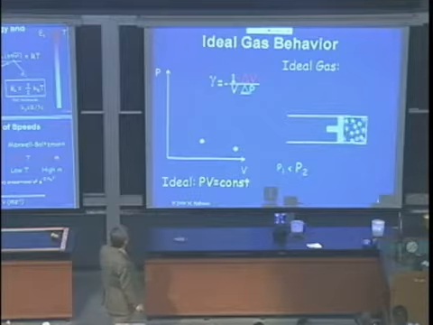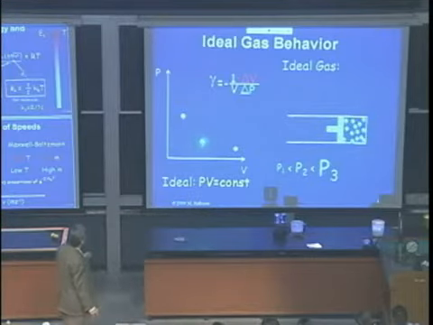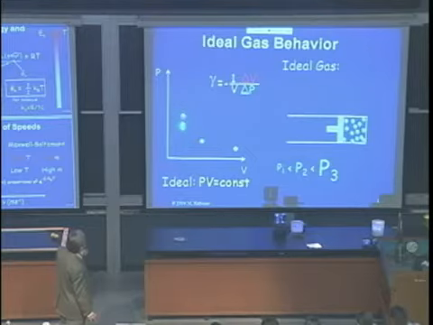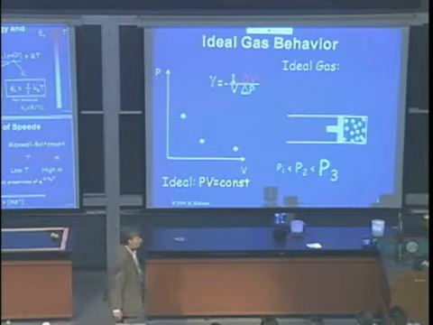So now you have to push a little harder. You see that? This is your pressure here. To get this change in volume, here, you have to have this change in pressure. So you have to press quite a bit harder.